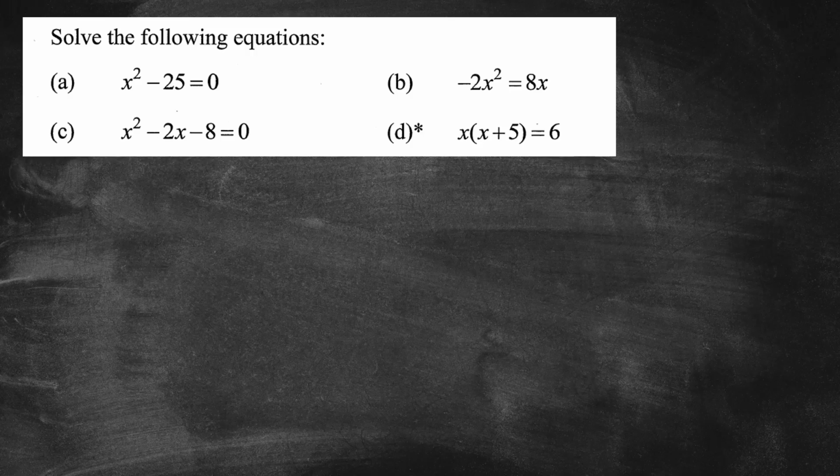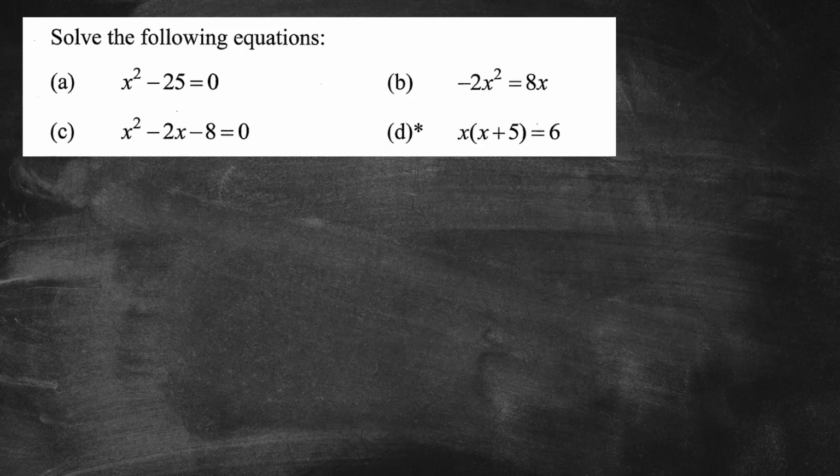Whereas linear equations only have terms with x in them, and therefore only one solution. Similarly, equations that you'll do in matric with x to the power 3 are cubic equations, and they will have 3 solutions, and so on.